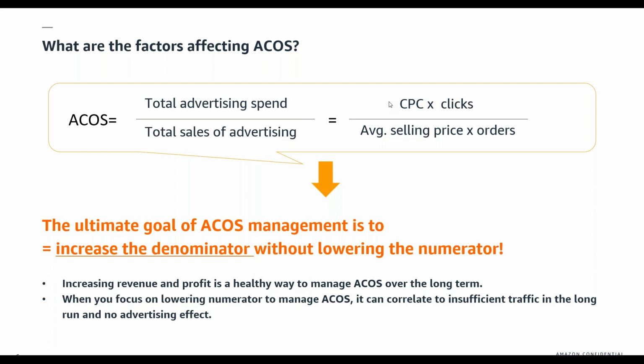For example, kitchen pot in broad match could be 40 cents per keyword. You multiply that by the number of clicks, and that will be your total ad spend. Then it's divided by your total sales from advertising. The further breakdown is that you take your average selling price and multiply by the number of orders.